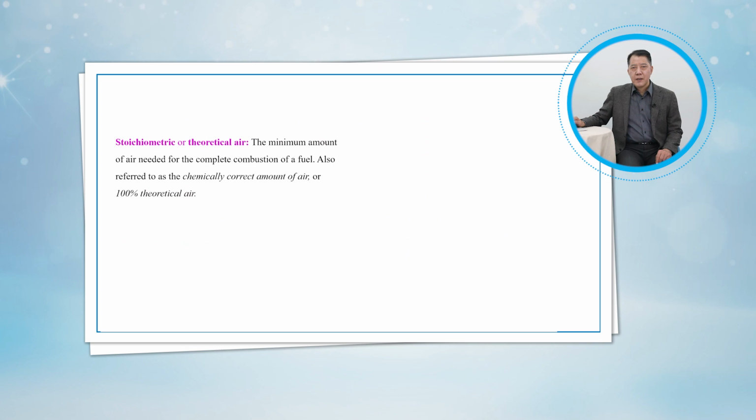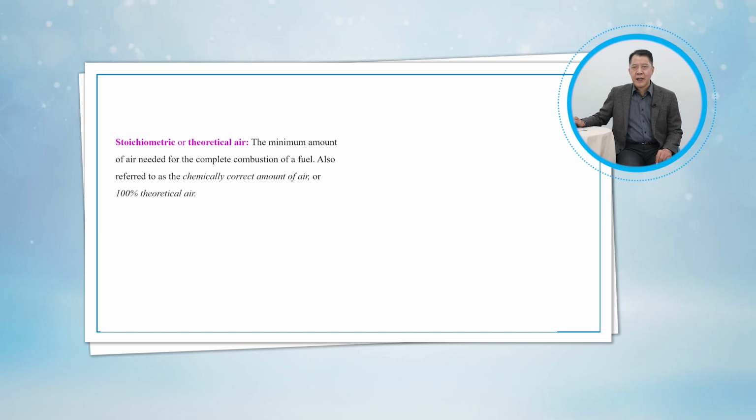The minimum amount of air needed for the complete combustion of a fuel is called the stoichiometric or the theoretical air. Thus, when a fuel is completely burned with theoretical air, no uncombined oxygen is present in the product gases.